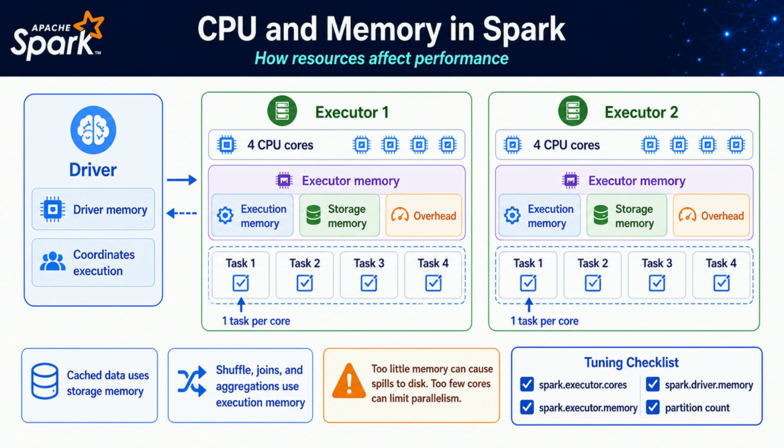Therefore, ensuring that each executor has enough memory is crucial for maintaining efficient execution. Optimizing key parameters such as the number of executor cores, the amount of executor memory, driver memory, and the number of partitions is a fundamental part of tuning a Spark application. These settings directly impact how well the system can handle large-scale data processing and ensure that resources are used effectively. By carefully adjusting these configurations, developers can achieve better performance and more reliable results in their Spark applications.